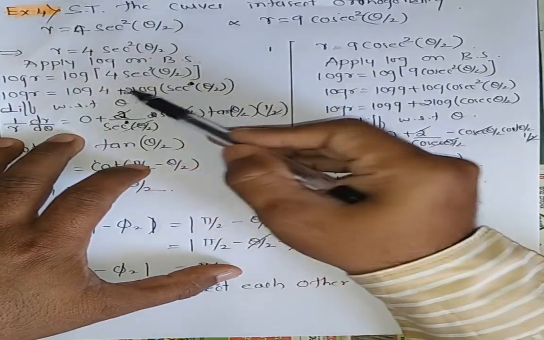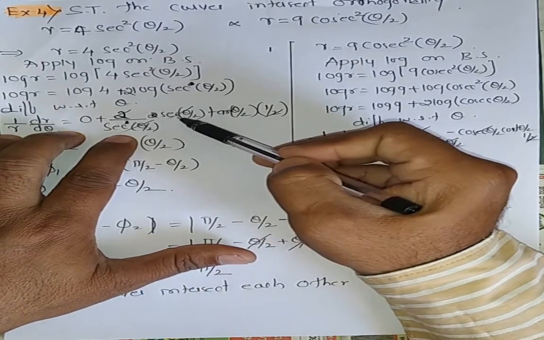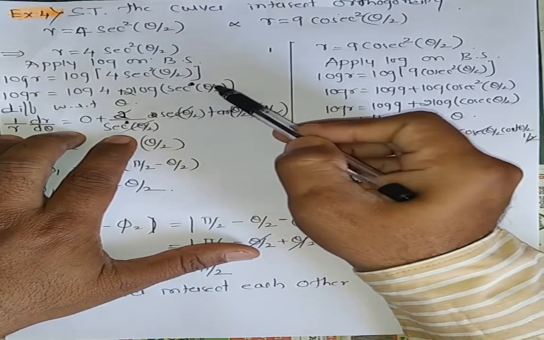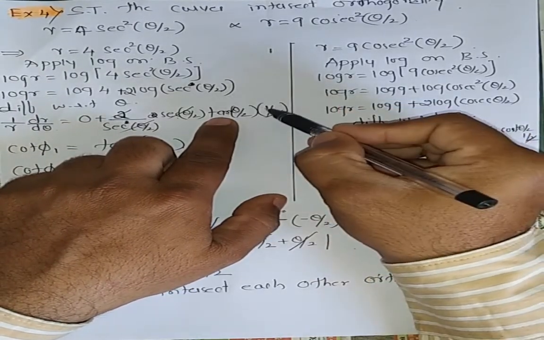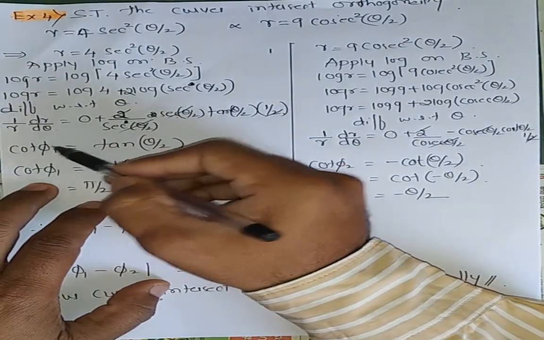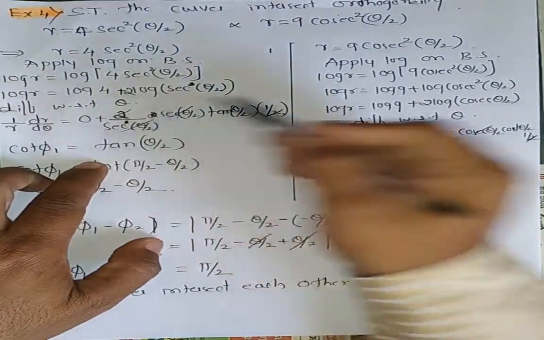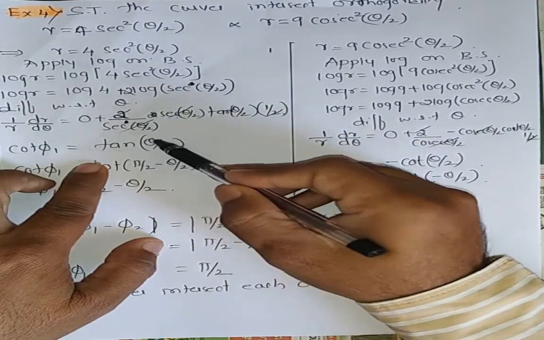This is constant. 2 as it is, log x differentiates to 1 by x. Differentiation of sec x is sec x into tan x, that is sec theta by 2 into tan theta by 2. Okay, then differentiation of theta by 2 is 1 by 2. Okay, clear. So 1 by r dr upon d theta is cot phi 1 is equal to 2. Here 2 gets cancelled. Sec gets cancelled. Tan theta by 2.